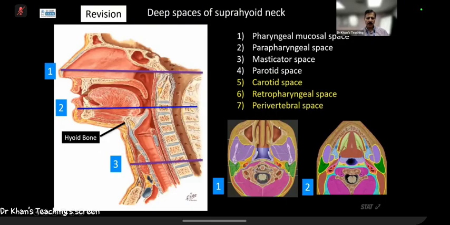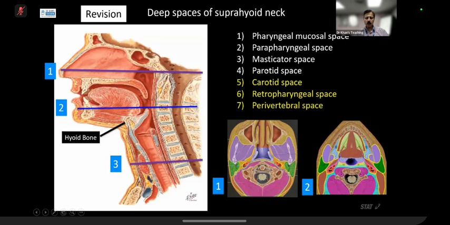But in suprahyoid neck, these are the 7 spaces. Out of these 7 spaces, some of the spaces continue in the infrahyoid neck. So carotid space, retropharyngeal space, perivertebral space, it is present in infrahyoid as well as suprahyoid neck.